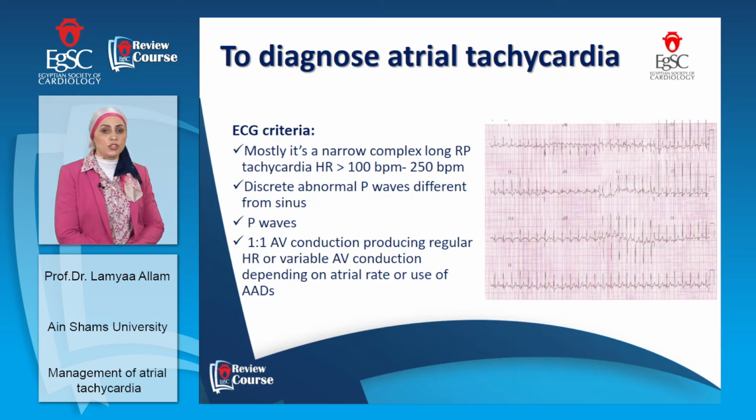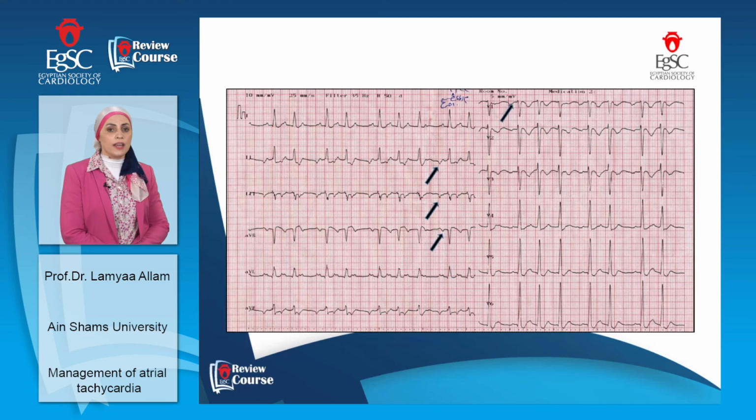So we sometimes see this tachycardia in an irregular pattern when there is a variable AV conduction. We see this pattern commonly in patients with atrial tachycardia who take medications like AV nodal blocking agents or antiarrhythmic drugs.